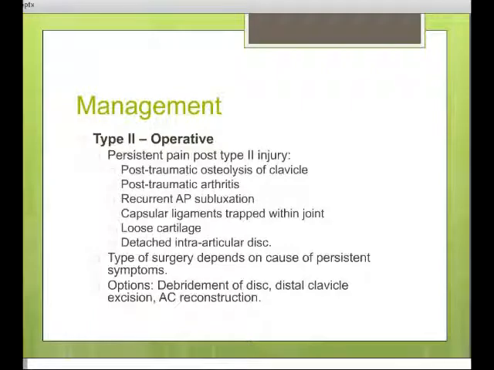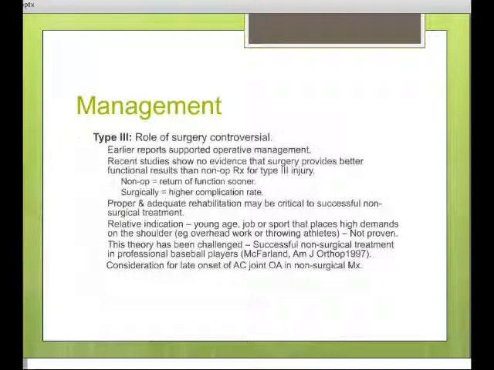For type 3 injuries, the role of surgery has always been controversial. Earlier reports supported operative management. A reason for this may have been because the initial classification was type 1, 2, or grade 1, 2 and 3.